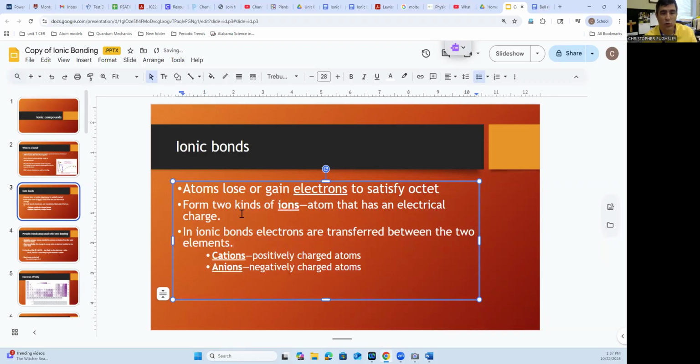That's what they do right here. When atoms lose an electron, they become cations, and when they gain electrons, they become anions because they have negatively charged here.